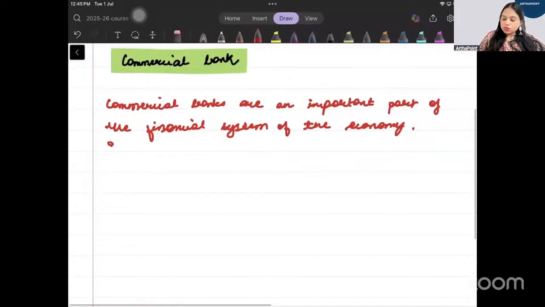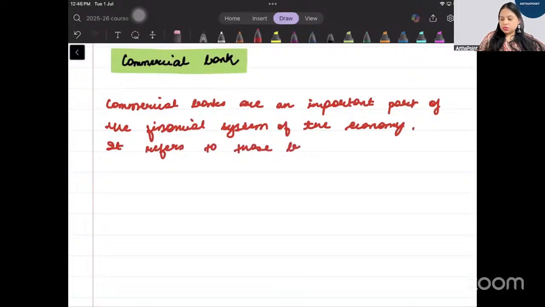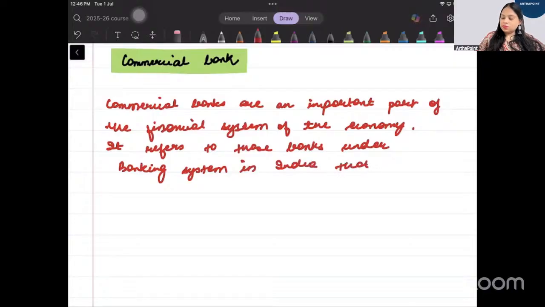It refers to those banks under the banking system in India that run for the purpose of profit.